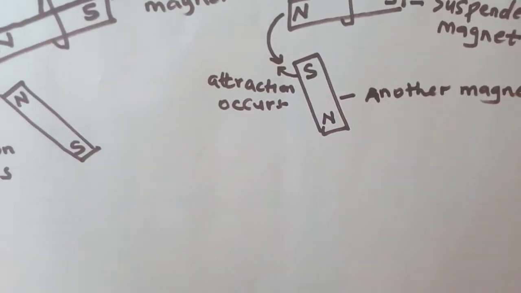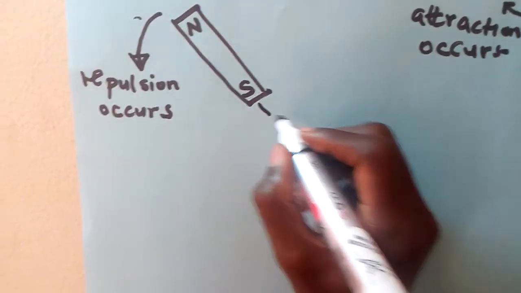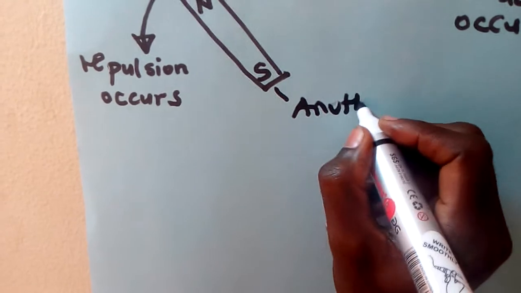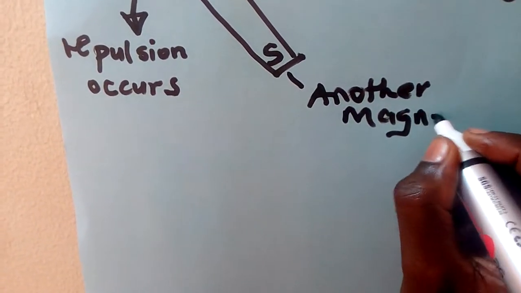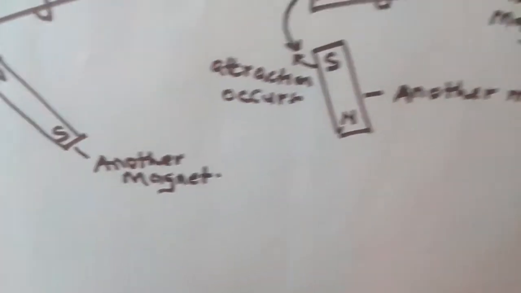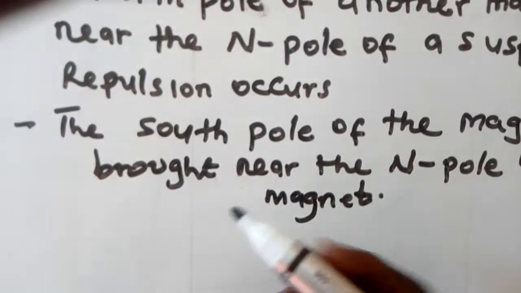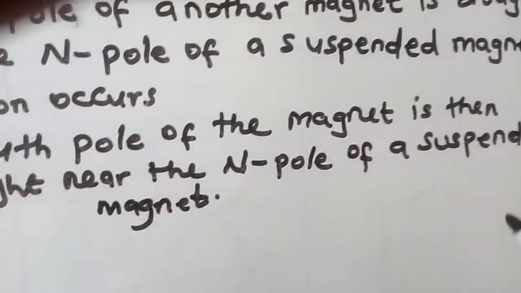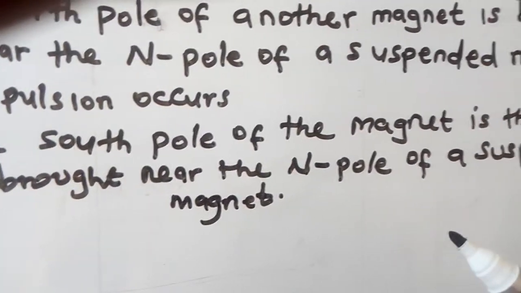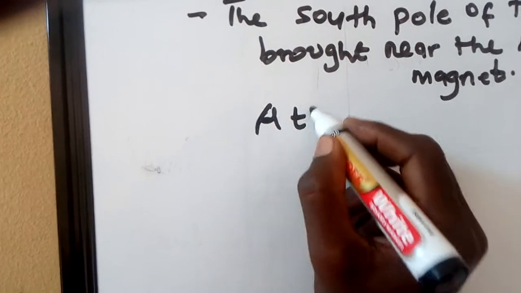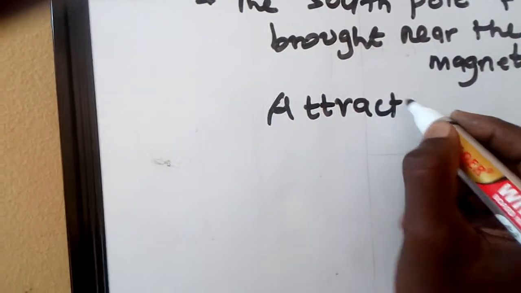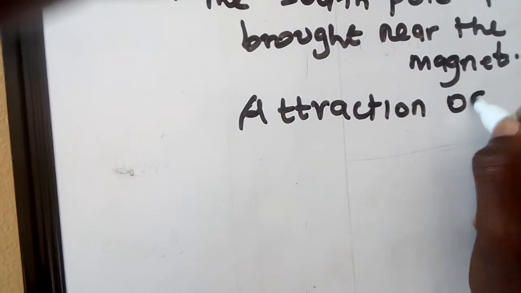That is another magnet. So, what happens when you bring the south pole of the magnet near the north pole of another magnet? Here we shall say attraction occurs.